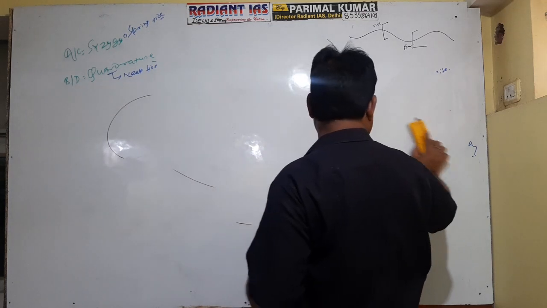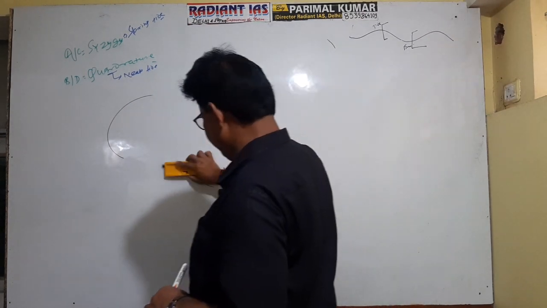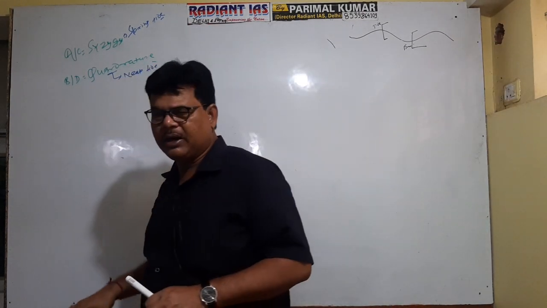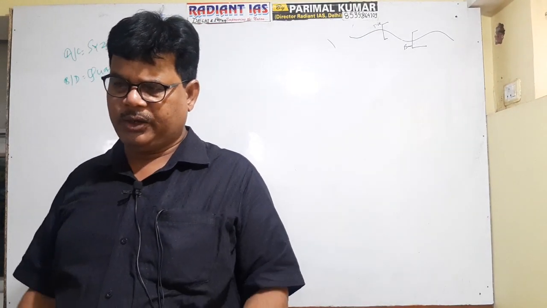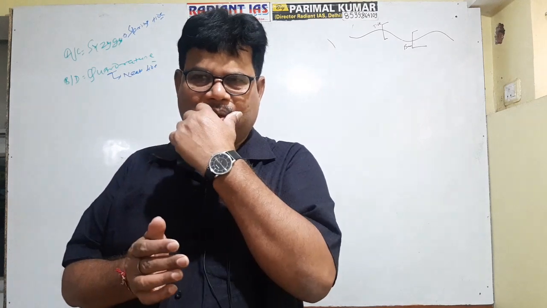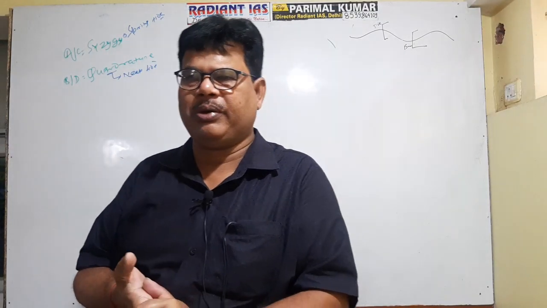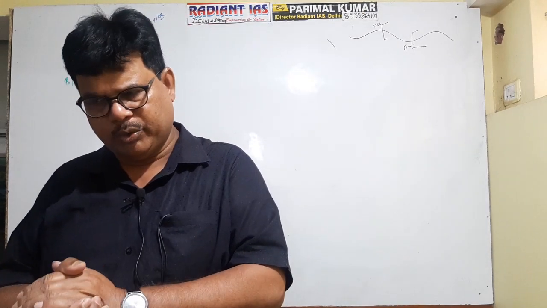As far as oceanic waves are concerned, there are two types: free wave and forced wave. Free wave is due to normal atmospheric disturbance, whereas forced wave is due to the axial pull exerted by the moon and the sun.